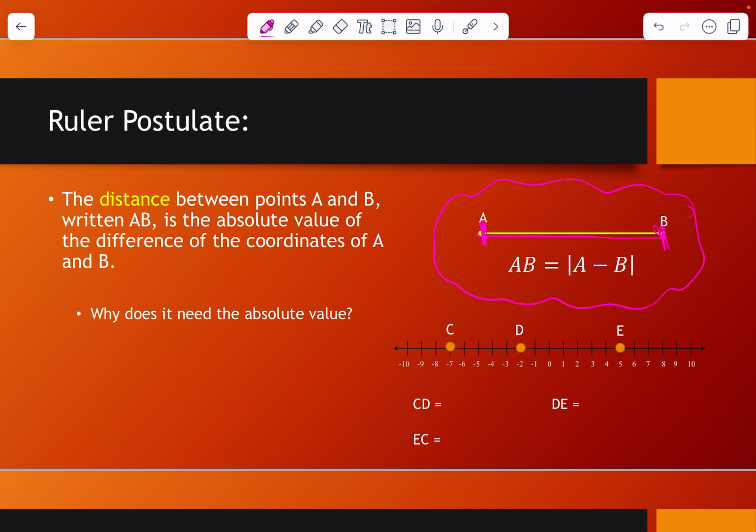And the answer comes back to this word right here. It is the distance. And the reason it has to be the absolute value part is included in this is because distance is always positive.